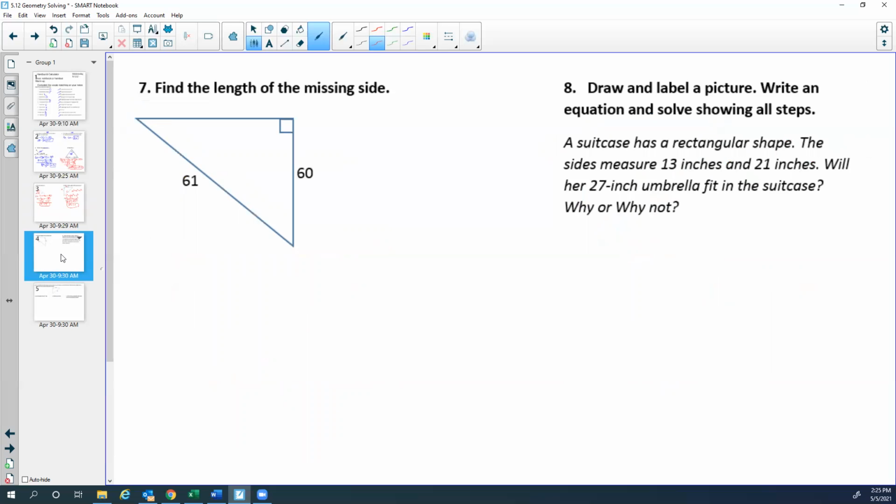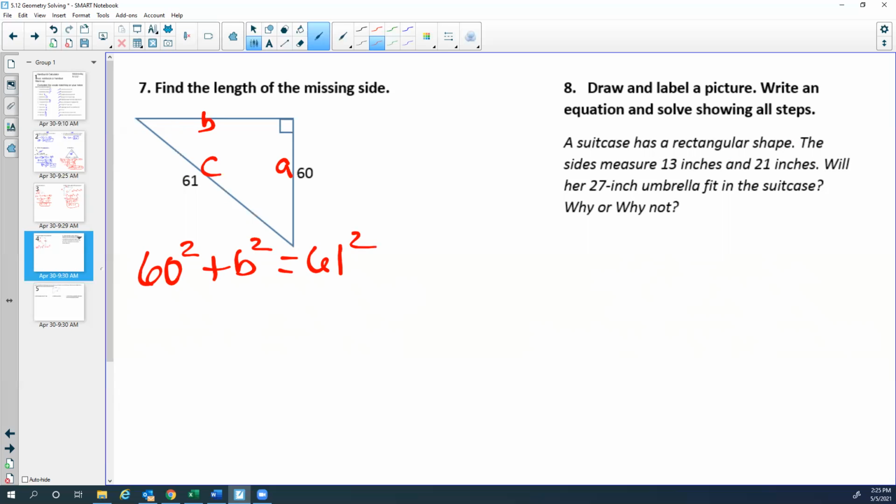All right, you try the same thing on number 7. Now, when you get to number 7, you probably noticed that it was a little bit different. You had an A, but you did not have B, but you did have C. So this time it was 60 squared plus B squared equals 61 squared.